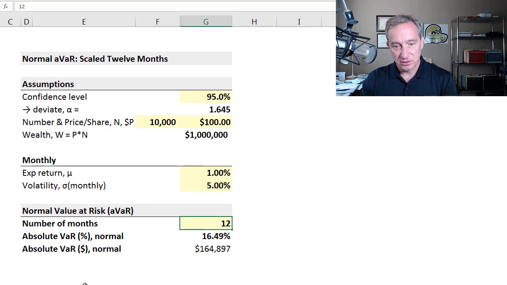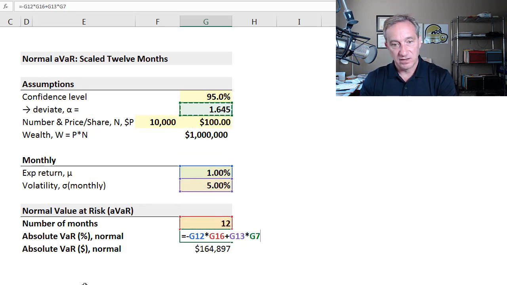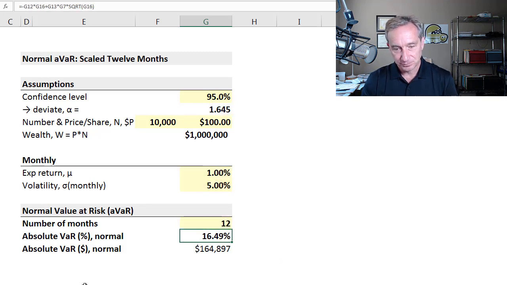I'm going to do the 1-year VaR. I'll start over. Negative my return, scaled over 12 periods or 12 months. I add my volatility, scaled by the normal deviate, and in turn, or multiplicatively, also scaled by the square root of time.